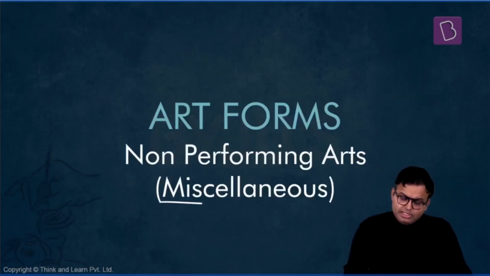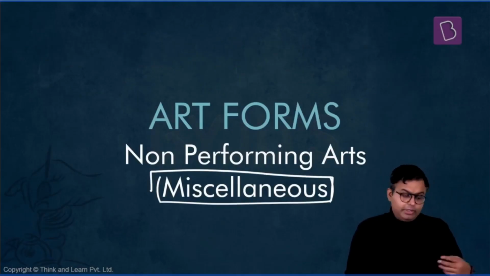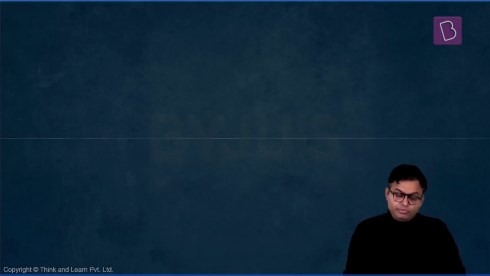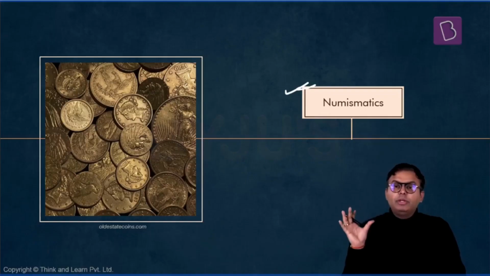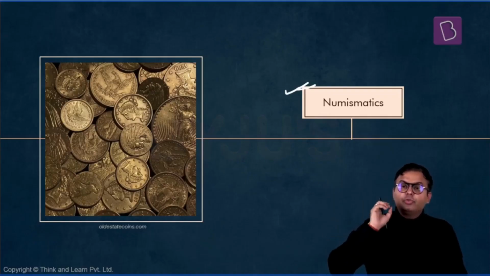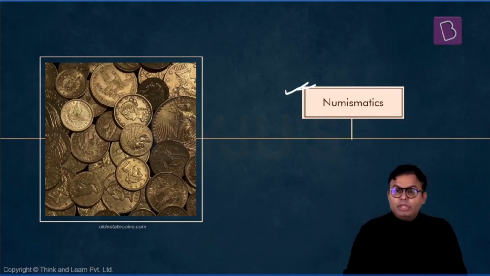Now, there are miscellaneous art forms also, which we will be covering apart from the standard ones which we have discussed, such as coinage, the evolution of coinage, various forms of minting coins, various sources of coins in India, and when there was decline of coinage, how did we manage exchange? Was it only the barter system?